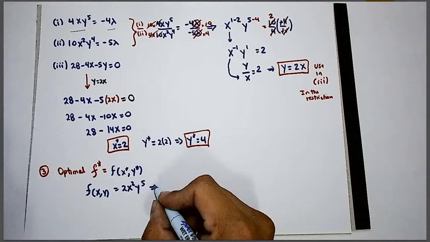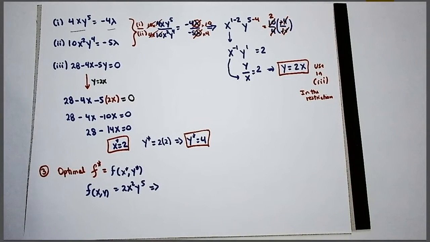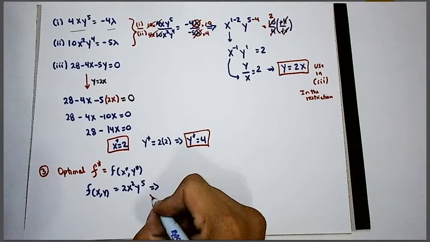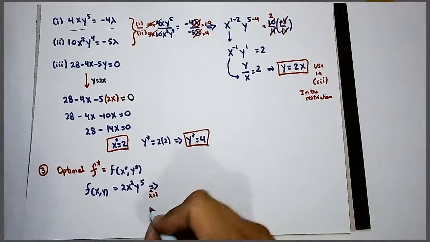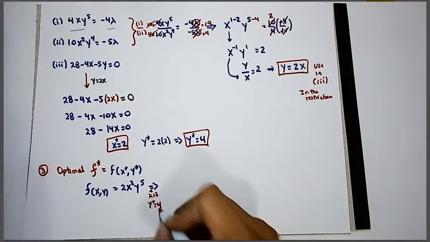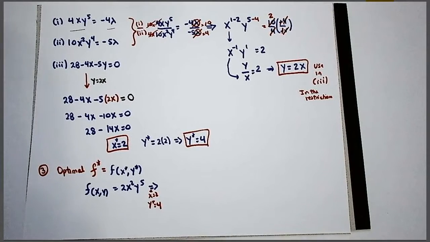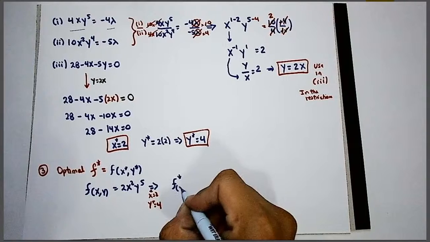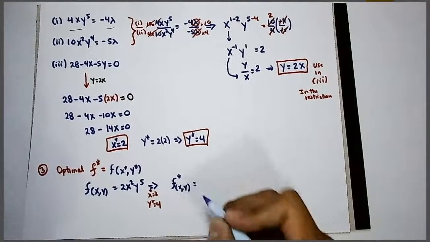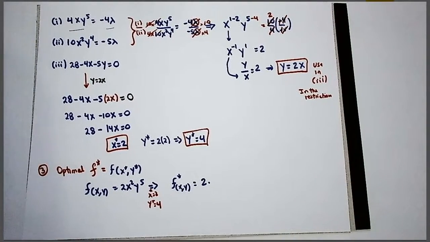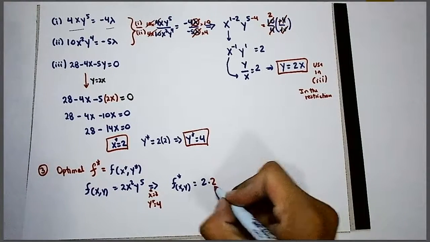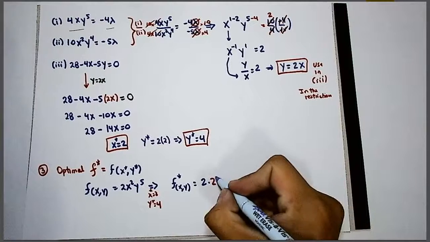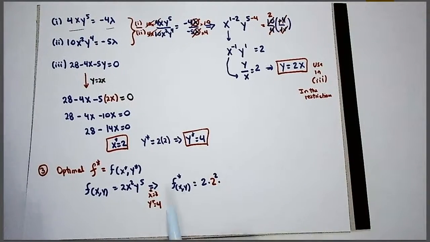So here, when we replace x equals 2 and y equals 4, let's see what happens. So this is going to be 2 times, instead of x, we're going to write 2, and this is squared, times, instead of y, we will write 4.